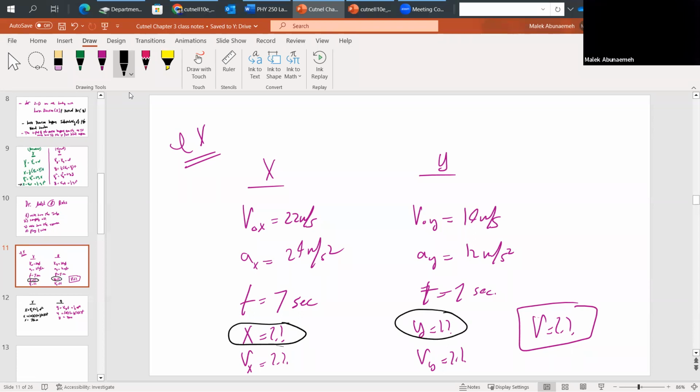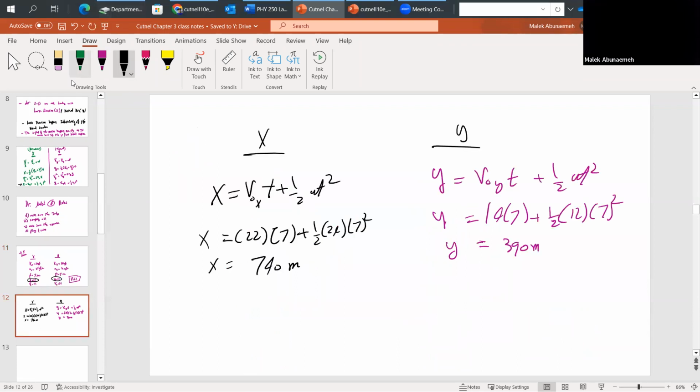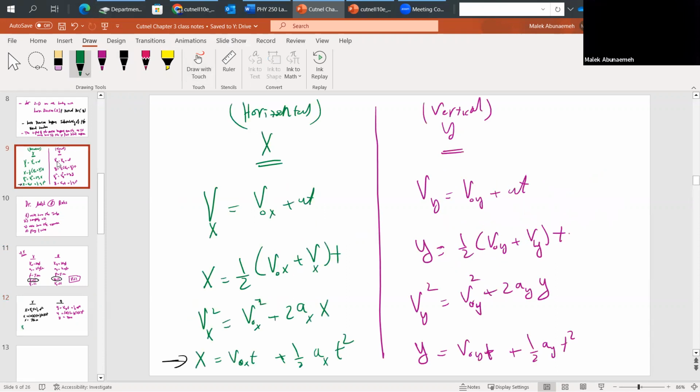Your velocity in the x direction, your velocity in the y direction, your final velocity. So your final velocity in the x direction is going to be the following. Now, we are not going to be able to use any of them.